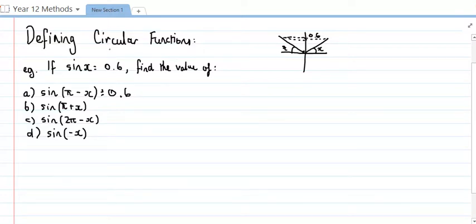So in the next one, where it is pi plus x, that means we're starting at pi and we're going plus that angle x, which again, we don't know what that angle is, but that doesn't matter. So we're going pi plus that angle x.